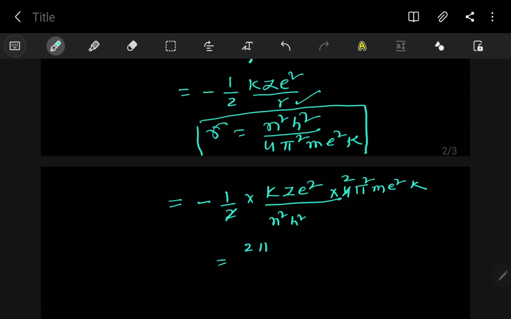What remains is 2 pi square m z square e to the power of 4 k square by n square h square.